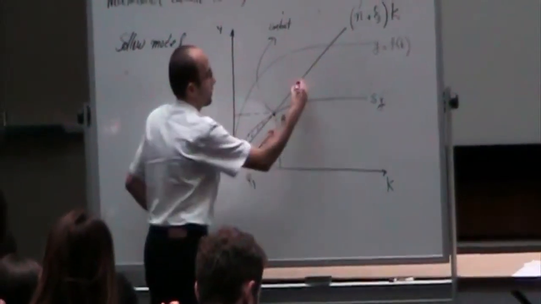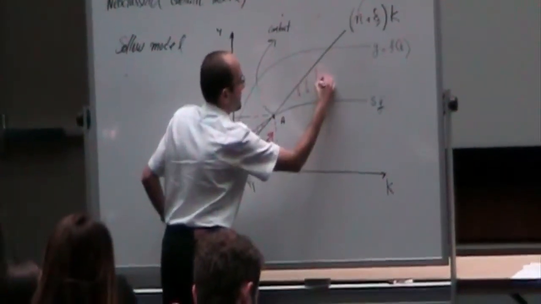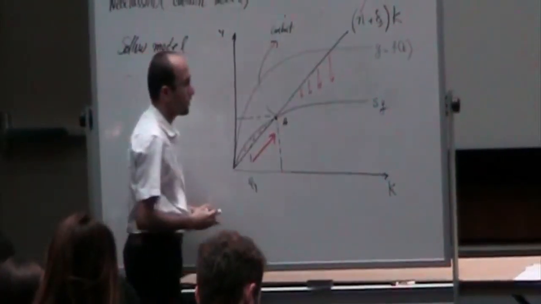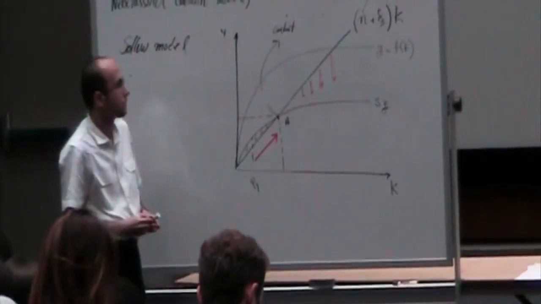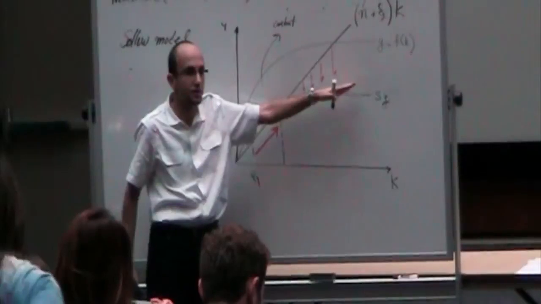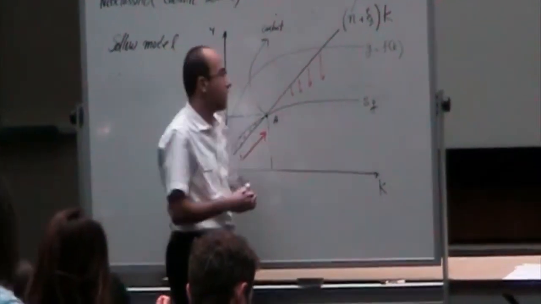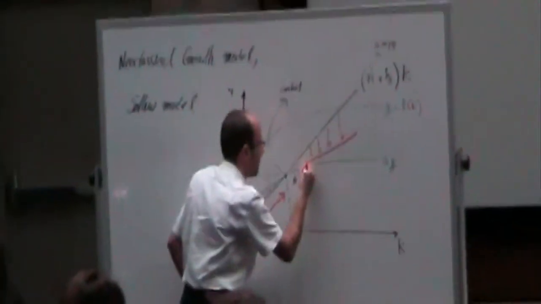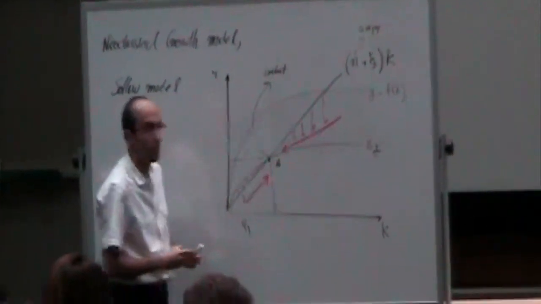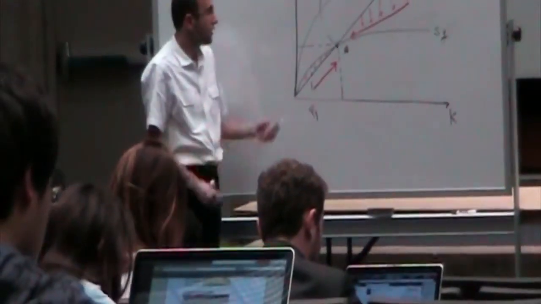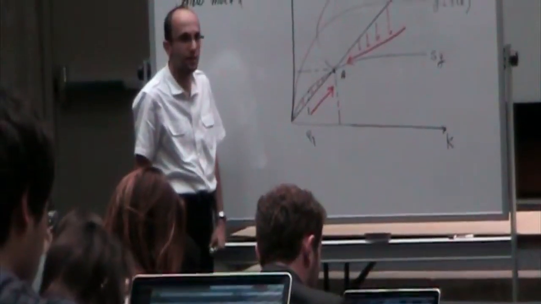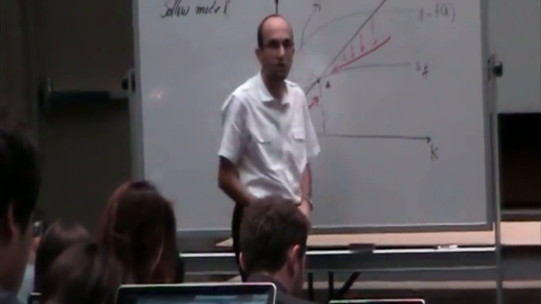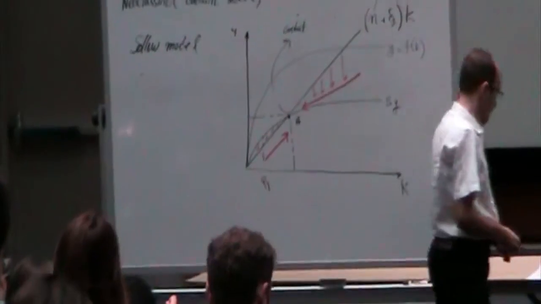So you have more capital requirement here than saving. Then there will be a trend to push the economy back toward point A. They call this the steady state. This is basically what the Solow Model argues. Okay? Do you have any question?